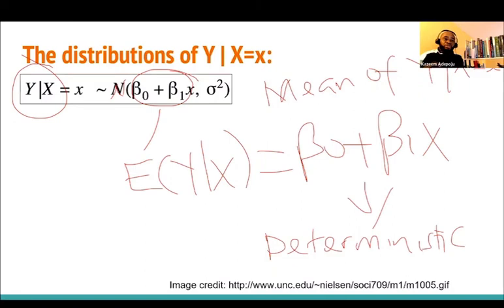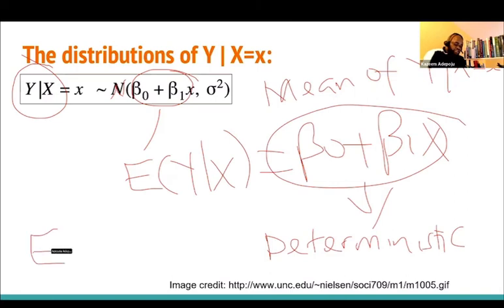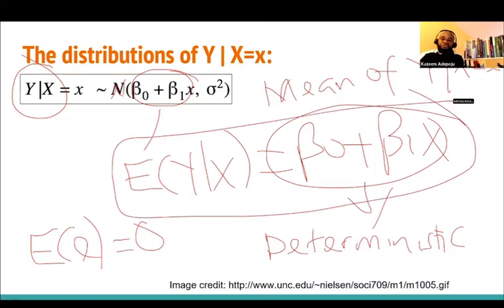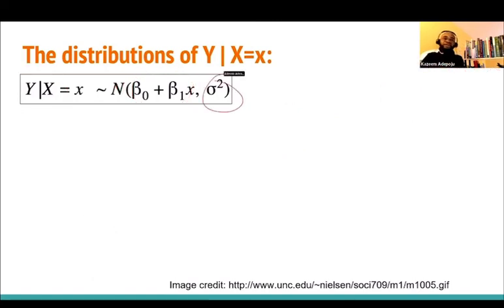Because before we can have this to be the mean, it means on average the expected value of error equals 0. That is why we can have this to be the mean, because we have an assumption that the expected value of error equals 0. Now take a look at this right here, sigma squared.